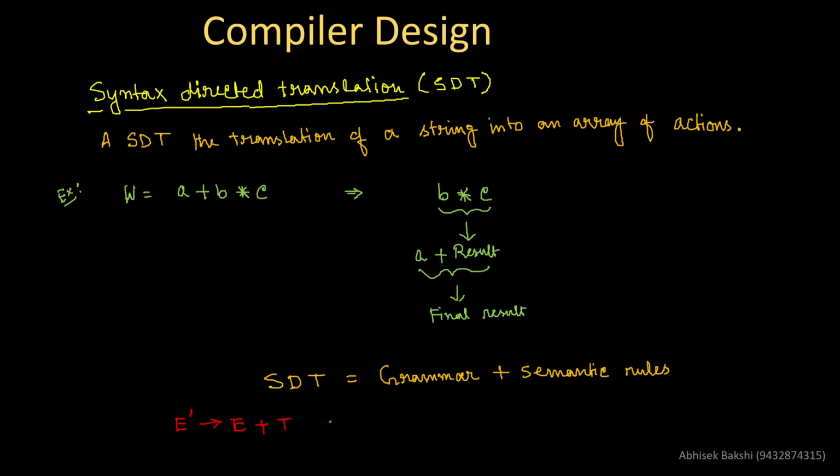And the rule is written within curly braces. How do we do this? We write something like this: E dash dot code equal to E dot code plus T dot code.